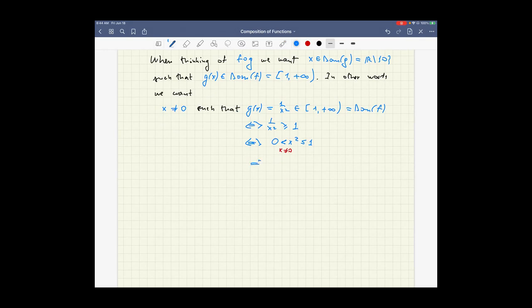This is logically equivalent to x being in the interval [-1, 0) union (0, 1], or you can say that this is [-1, 1], including the endpoints, minus the set containing 0.